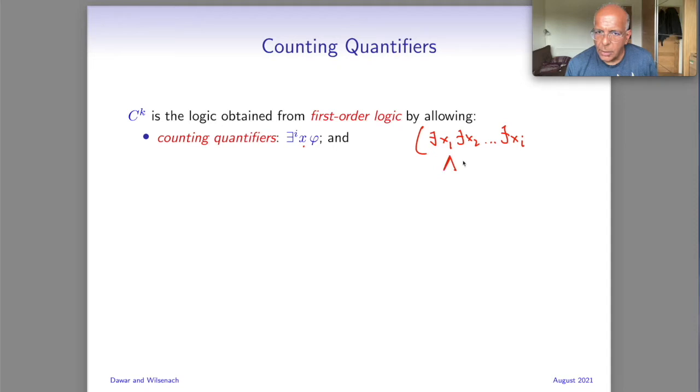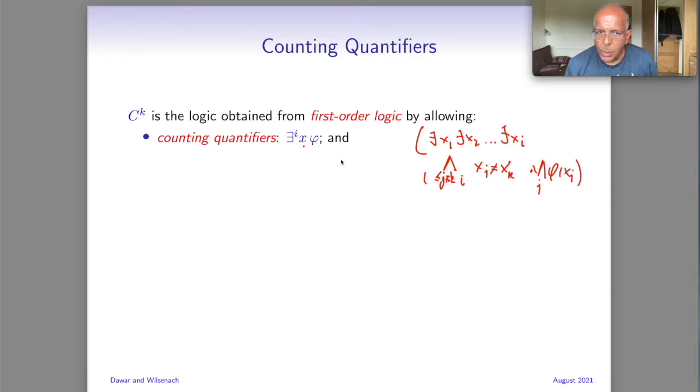Take the conjunction over j strictly less than k between 1 and i, saying xj is not xk, right? Say that they're all different, and the conjunction over all j of phi of xj.